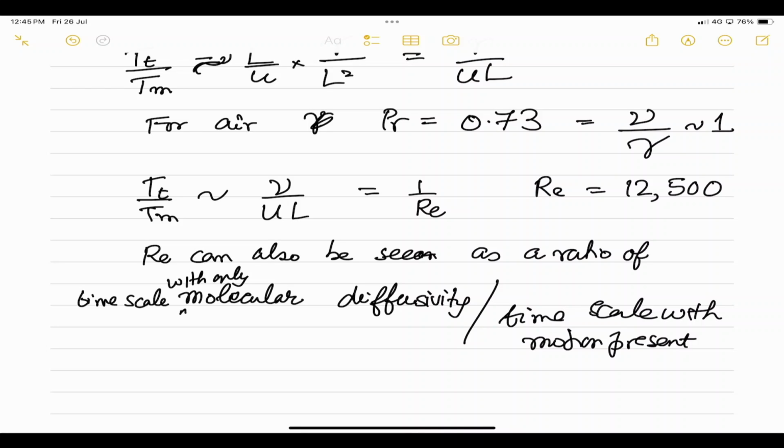When we're talking about the convective current, the time scale with the motion present part. So we took a U which was 5 centimeters per second or something. So are we assuming that all along the course of the convection, that block of air has a 5 centimeter per second velocity?